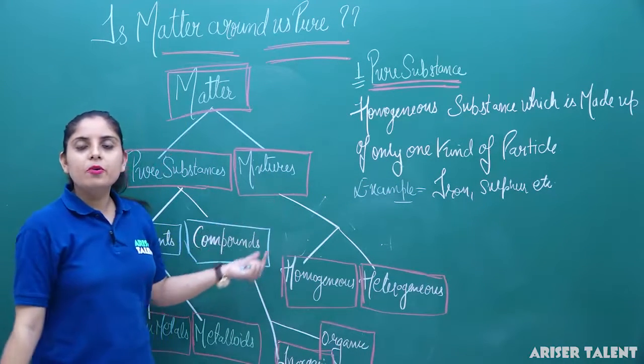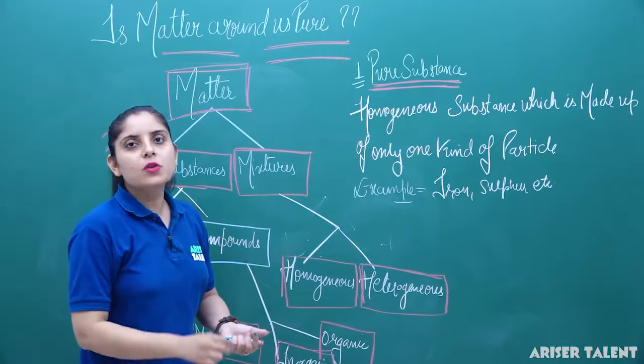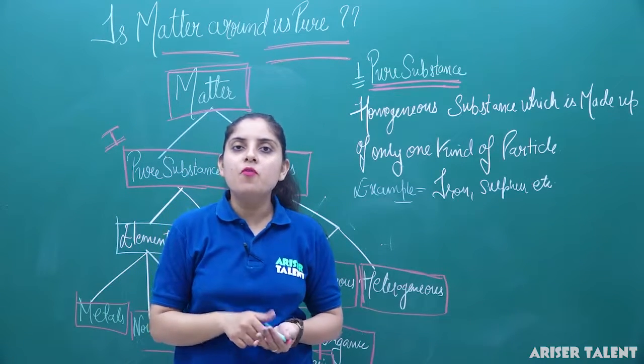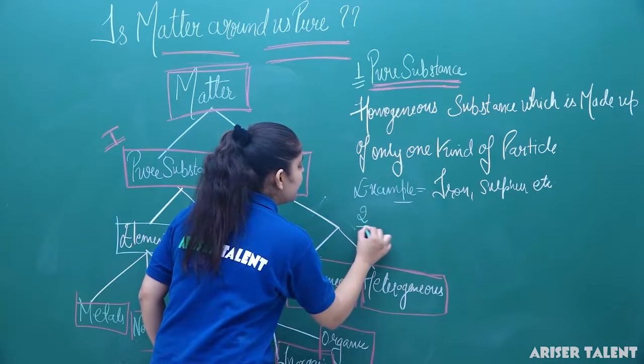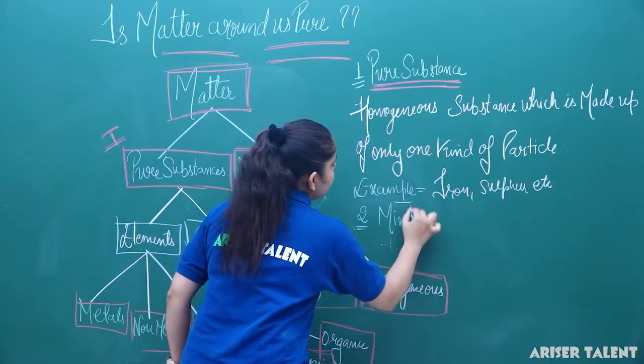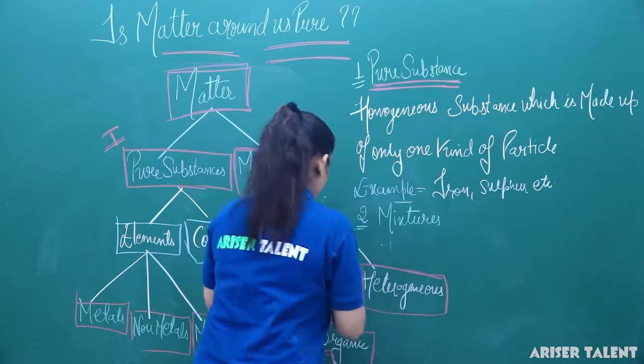If we are talking about mixtures, mixtures are those substances which are made up of more than one kind of particle. So let us write the definition of the mixtures here. So what are mixtures?